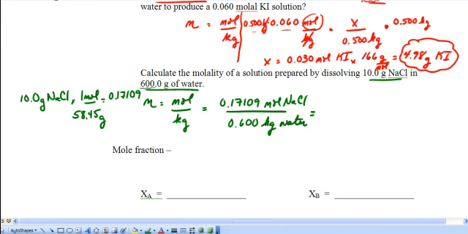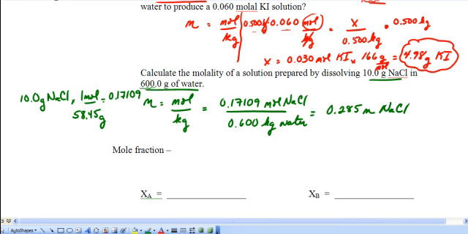And so 0.17109 divided by 0.6 is 0.285 molal. And that is molal NaCl. Alright, so that's calculating molality. It's just moles of solute per kilogram of solvent.